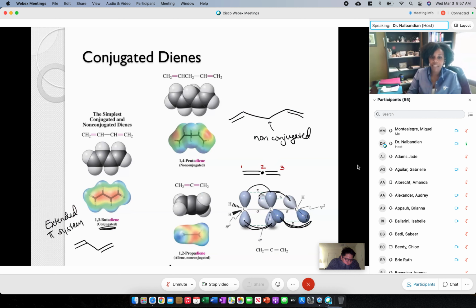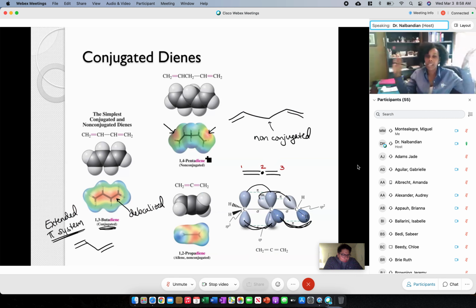So for these different systems, we can see that this extended pi system allows for this delocalized electron density, right? We can see all that red area, we've delocalized our electron density, versus for 1,4-pentadiene, we have our electron density only on one side and only on the other.